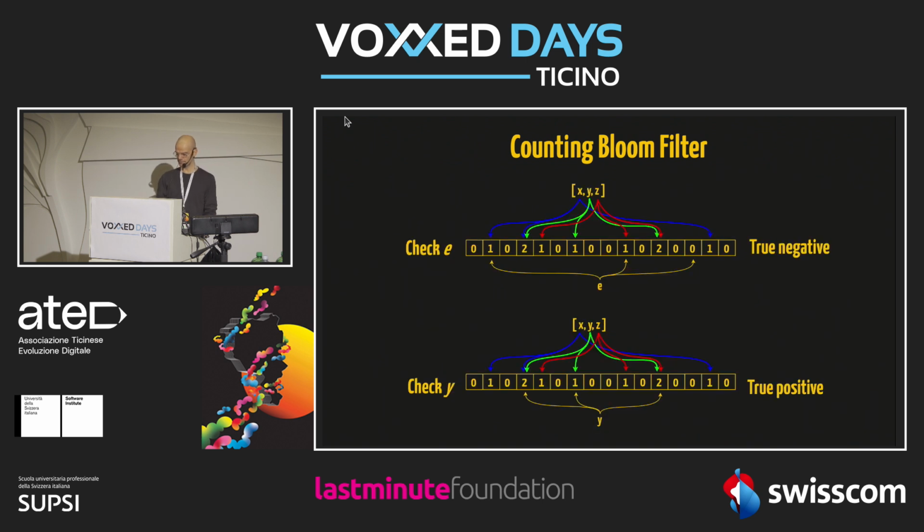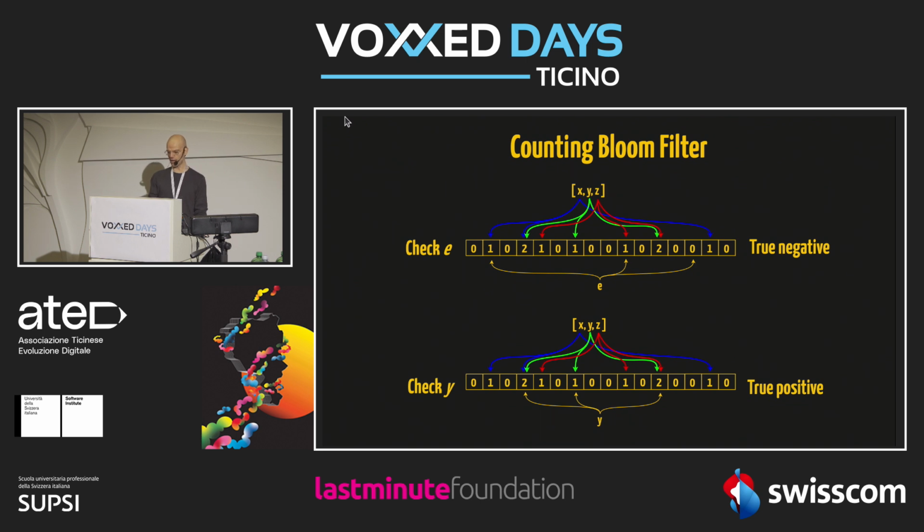So in this way, we can again check: if we check E, we can see that all the values it maps to via the hash functions must be greater than 0, and one of those is not greater than 0, so E does not belong, because there's one element which is 0.